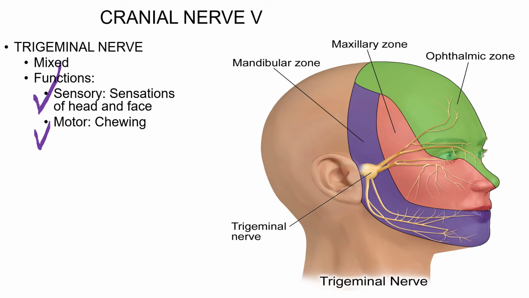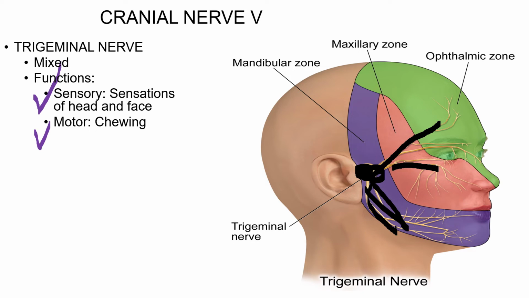So from a sensory perspective, a really great picture here to show you why it's called the trigeminal nerve. The reason why is we have three big divisions. As you can see, here is the trigeminal nerve, and then it splits into these three major areas. And I guess in this picture, a fourth one.